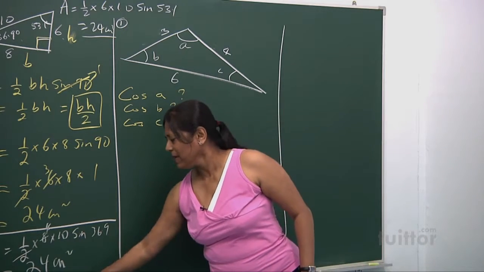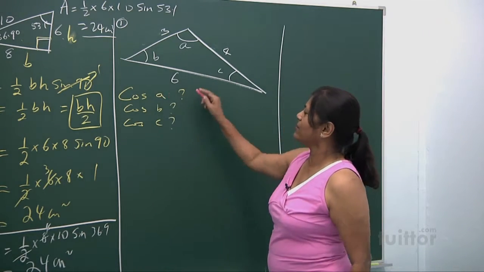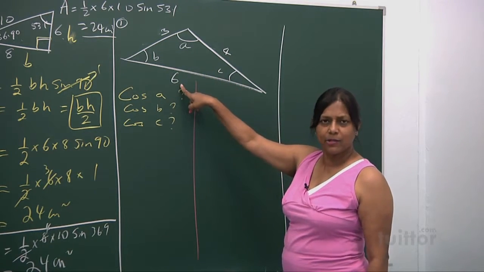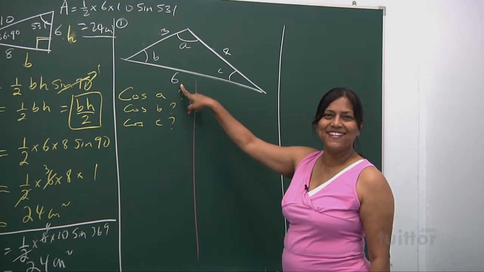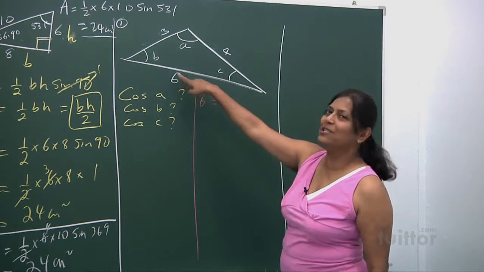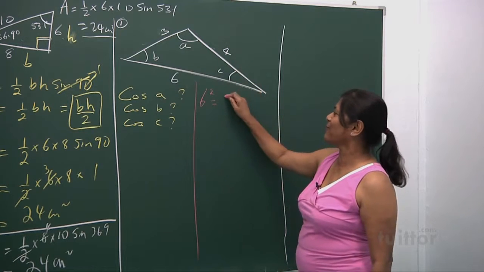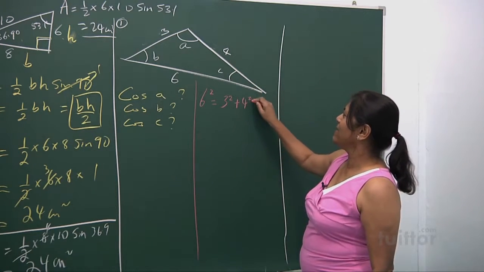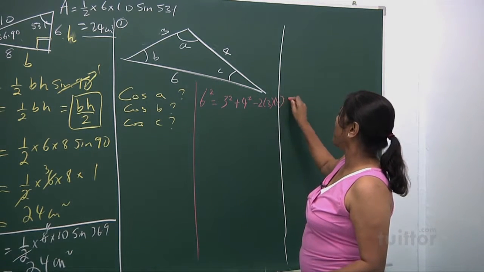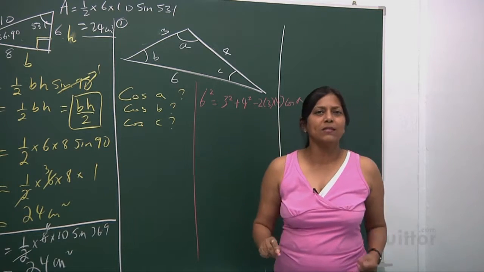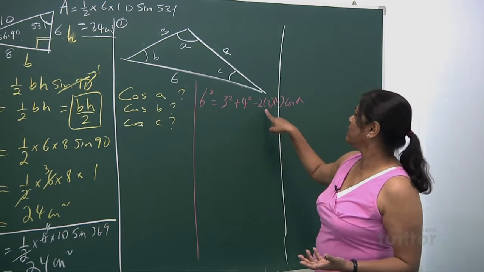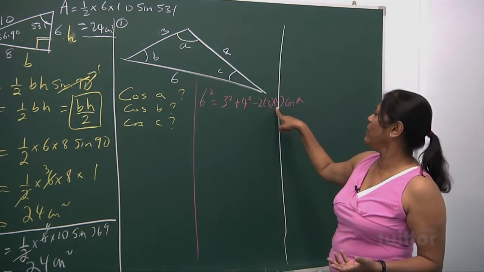Apply the formula. Let's look at it. Now we want to find cos A. We say A. Who's going to be the opposite side? 6 is going to be the leader. Do you see that pattern? 6 squared is equal to 3 squared plus 4 squared minus 2 times 3 times 4 cos A. We want cos A to be expressed, so we bring this whole family over. 2 times 3 is 6, 6 times 4 is 24.